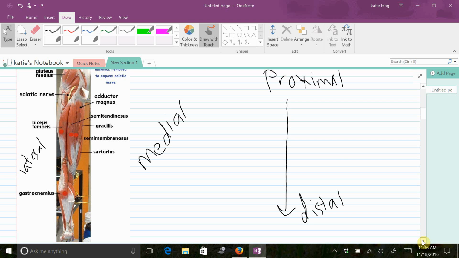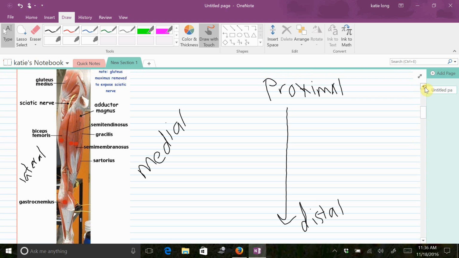I'd also like to note that for the lower extremity, or for any extremity, but just for this image, you can see the side that's labeled medial and the side that's labeled lateral, and that is referring to the entire leg.